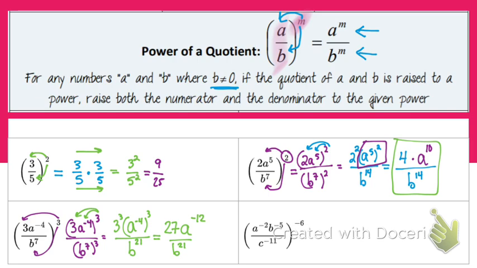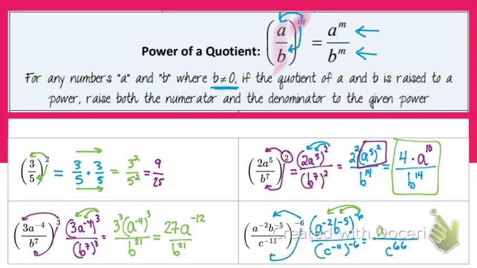Right, and for my last one, applying the negative 6 exponent to both the numerator and the denominator. The denominator is just a power to a power, so I'm going to keep the same base and multiply the exponents. So negative 11 times negative 6 is positive 66. In the numerator, I'm going to use my power of a product rule and apply the negative 6 exponent to both the a and the b factors.